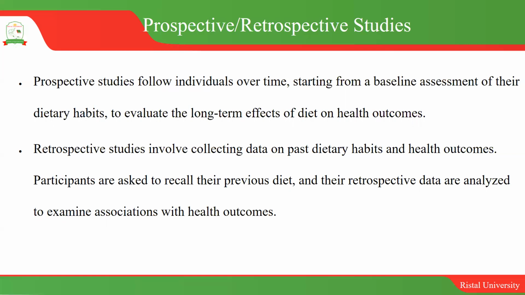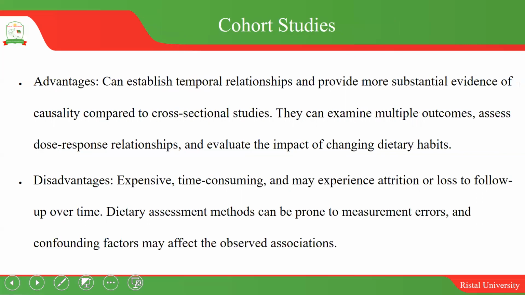You look at that information and then look at their outcome. So basically, you start with the outcome, whether someone has the outcome of interest or not, and then look at their dietary history. That is retrospective.